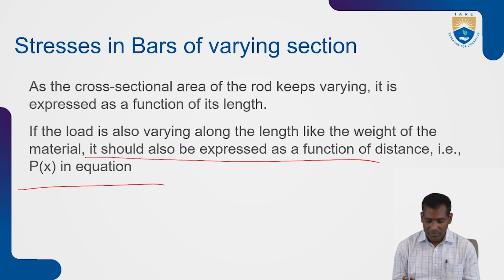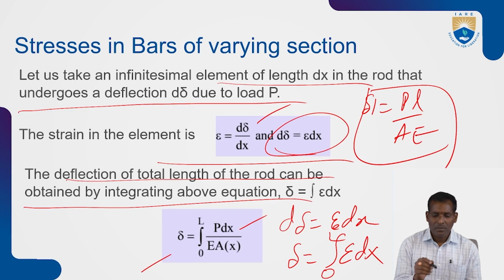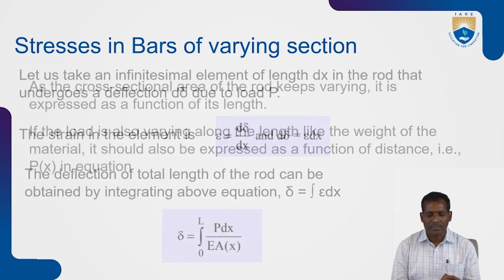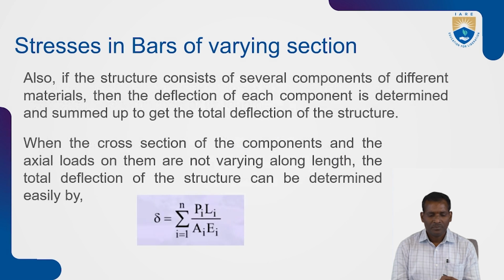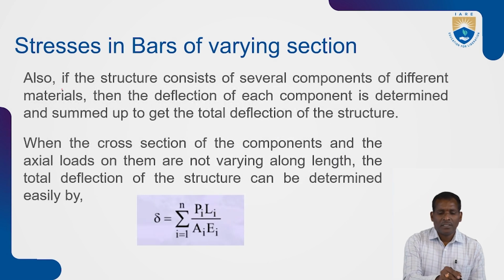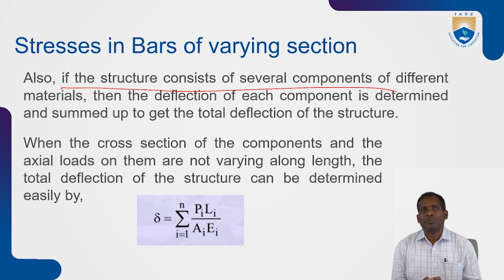That is P(x) in the equation, already shown. Now, if the structure consists of several components of different materials, then the deflection of each component is determined and summed up to get the total deflection of the structure.